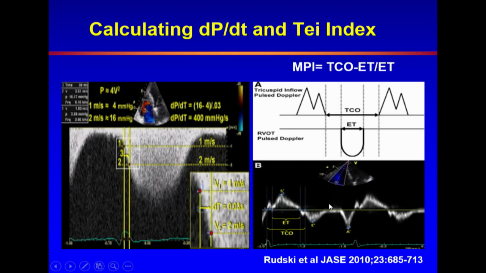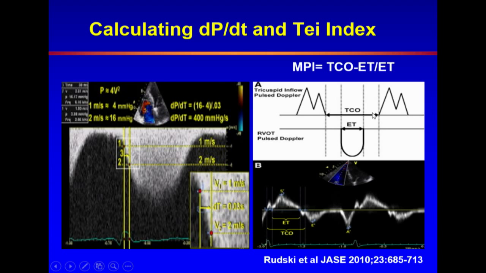For pulse wave Doppler, we do not record tricuspid inflow and RV outflow tract systolic velocities in the same beat. So you will need different beats, which means you are more accurate when you look for matching RR intervals. And strictly speaking, it's the time between the end of the tricuspid A velocity of one cycle to the beginning of the tricuspid E velocity of the second cycle.